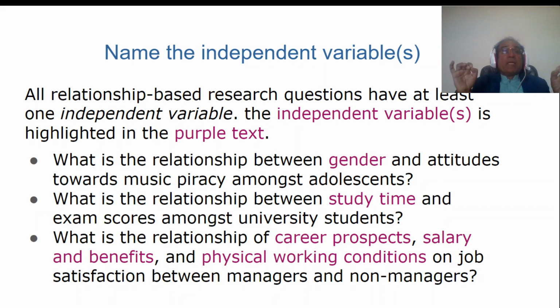Next, name the independent variable. All relationship-based research questions have at least one independent variable. The independent variable has been highlighted in purple. Please try to understand these examples. What is the relationship between gender and attitude toward music piracy among adolescents? So here, gender is the independent variable.